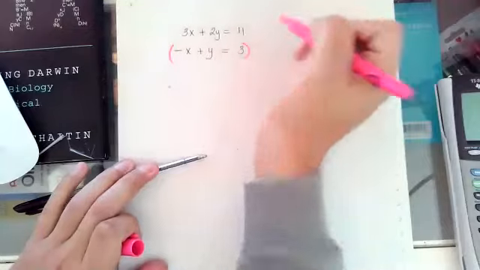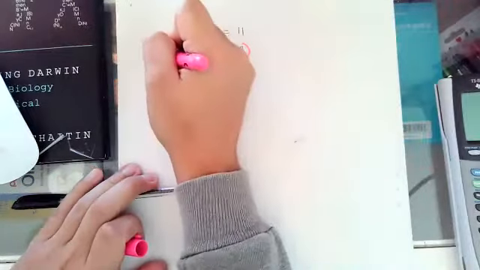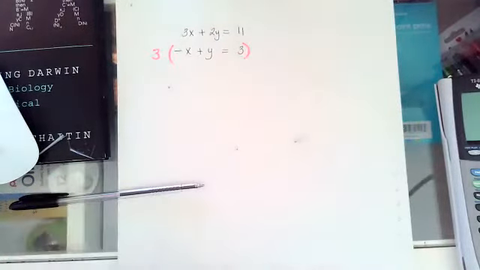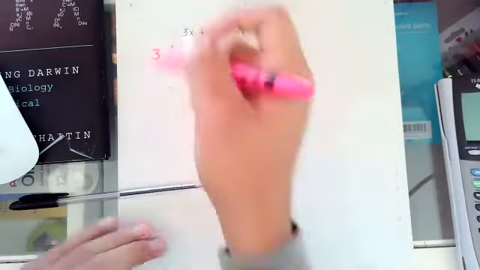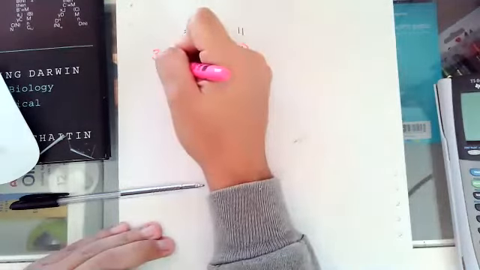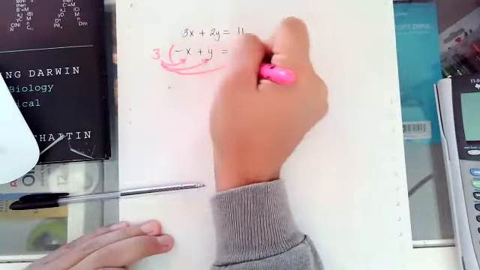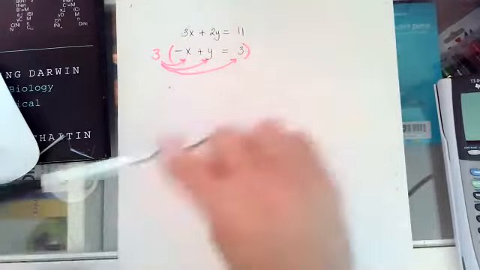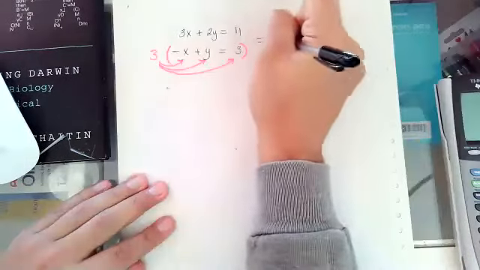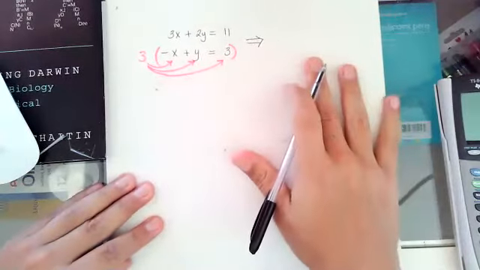Okay, and what I'm doing is I'm taking this equation and I'm going to multiply it by 3. So I throw parentheses around the equation, and then I'm going to distribute that 3 by every single term in the equation. And then I might walk over here to this side of my page.